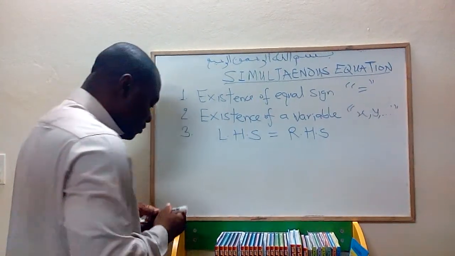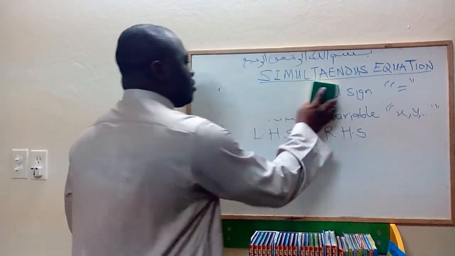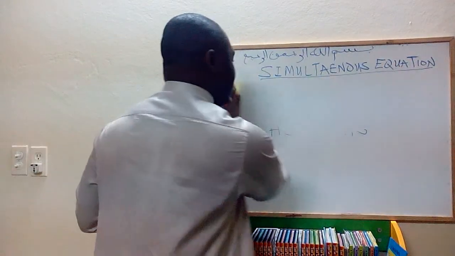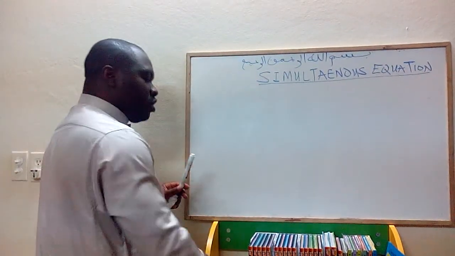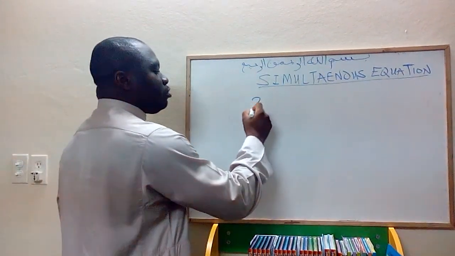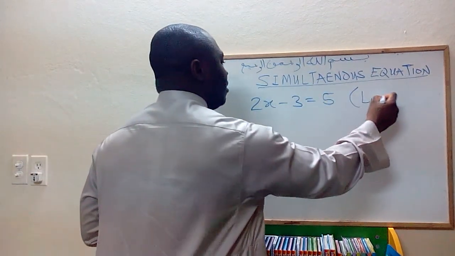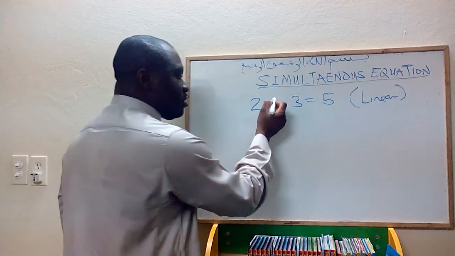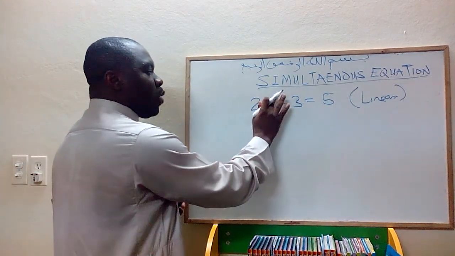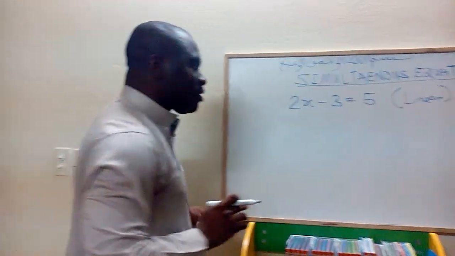Say for instance, a linear equation, let's say we have 2x minus 3 equals 5. This is linear. Why is it linear? The degree of x is 1. This is why it is linear.